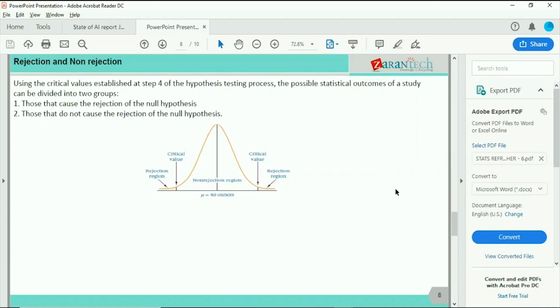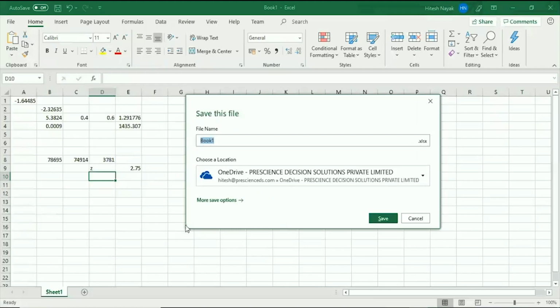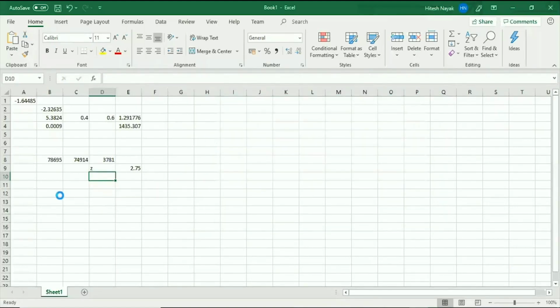Now, for your reference itself, let's take the confidence to be 99%. What is alpha? It is 1 minus 0.99.